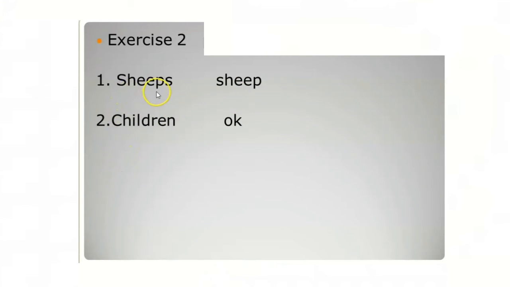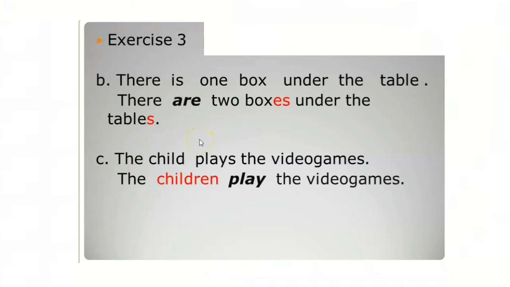Number 1, sheeps. في كلمات بالplural nouns ما بتتغير. مثل fish, fish, sheep, sheep. So that's why I have to correct it and write sheep on the line. Number 2, children. What's the plural noun of the noun child? It's children. So it's correct. I have to write OK on the line.